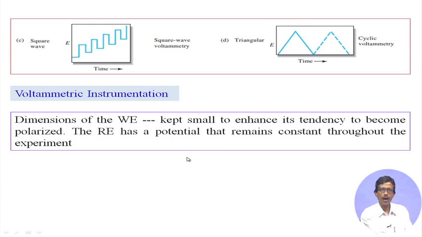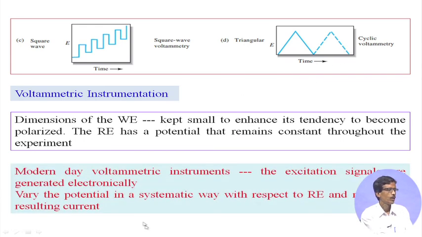If you do not allow any current to pass through this reference electrode. So, we must have some alternative arrangement so that no electron passes through this reference electrode, and it will remain constant throughout your experiment, that means throughout the time period within which you are doing all these measurements.